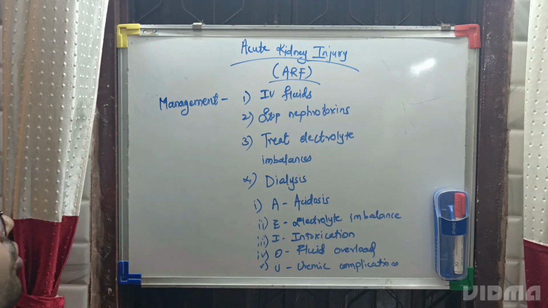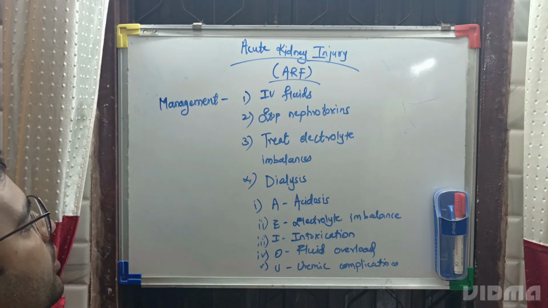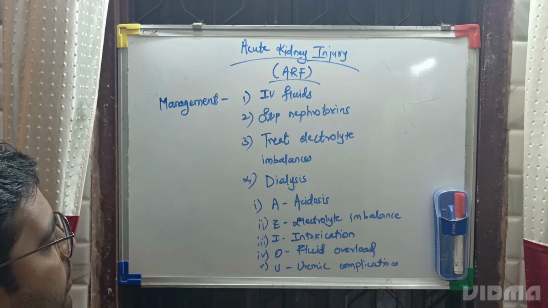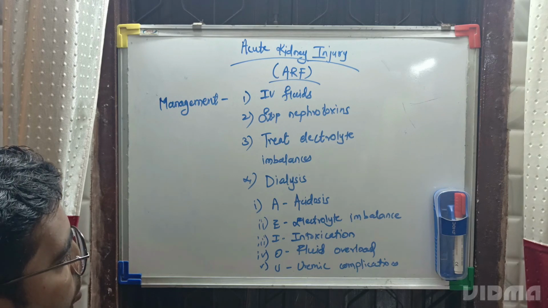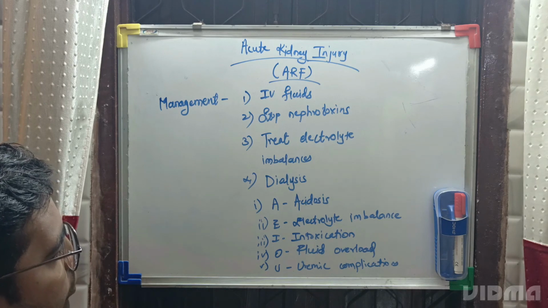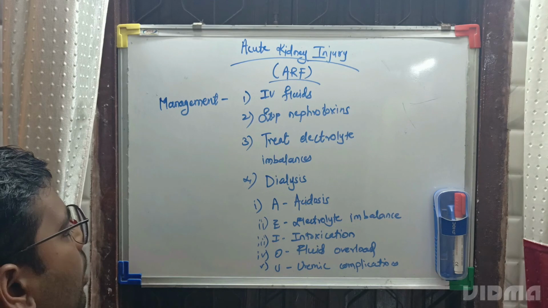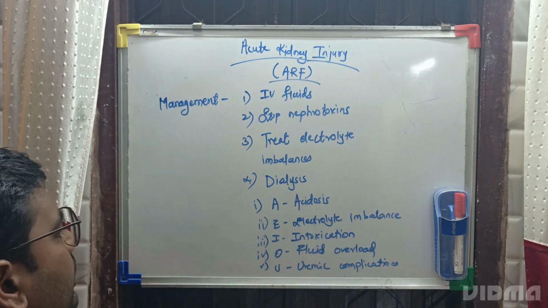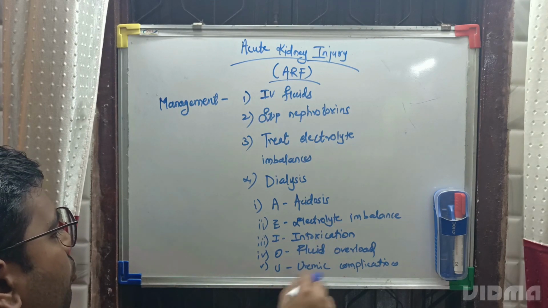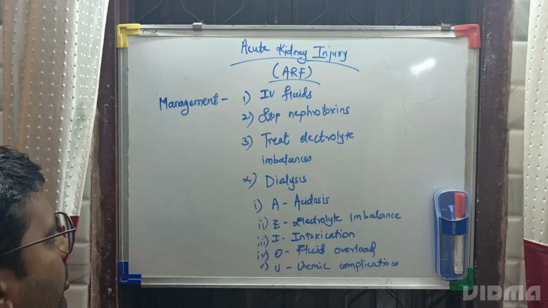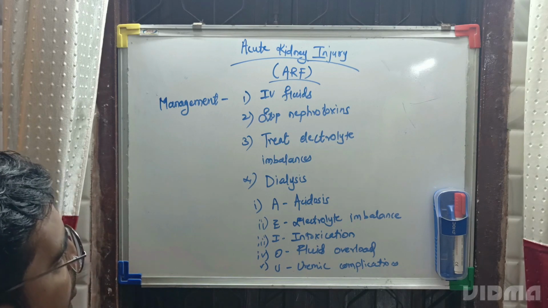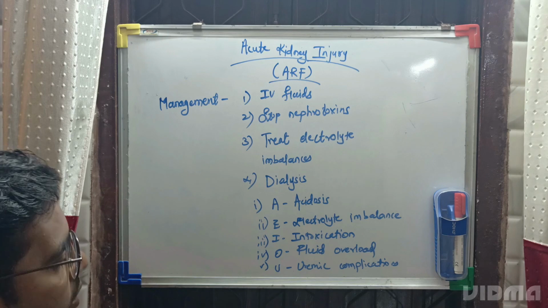The third one is to treat the electrolyte imbalances, and the last one is dialysis. Dialysis depends on the following factors: acidosis, electrolyte imbalance, intoxication, fluid overload, and uremic complication. So dialysis is the last step in the management of acute kidney injury.